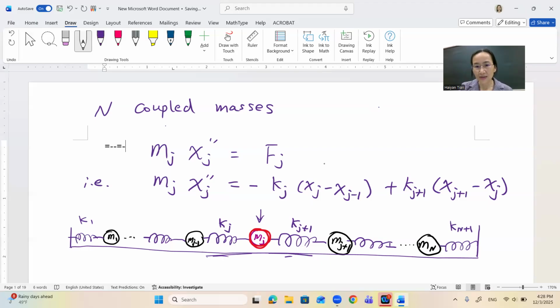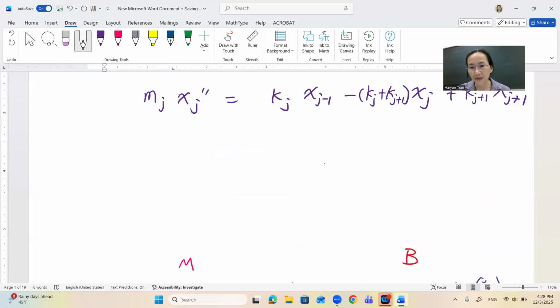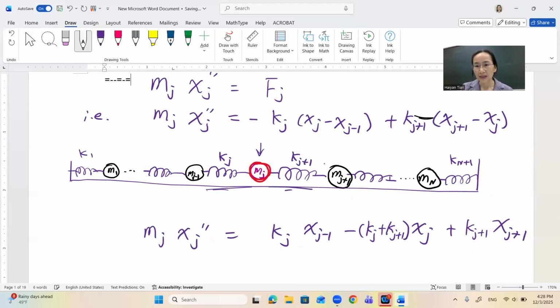And for xj minus 1, the displacement of the previous body, it has a coefficient of positive kj.